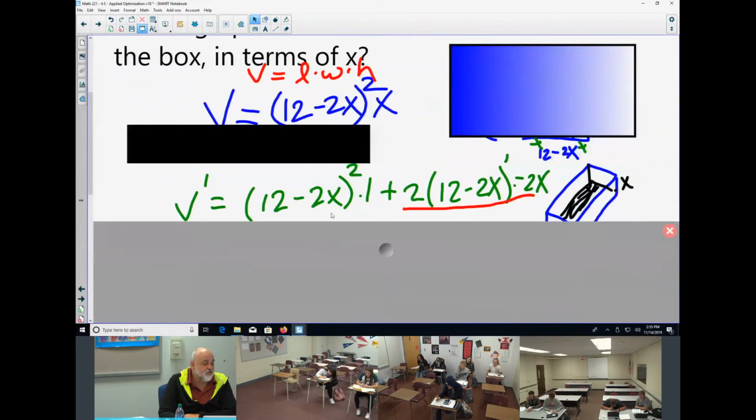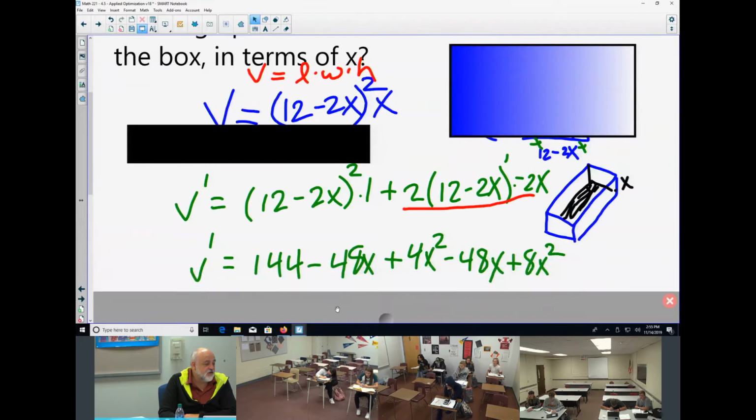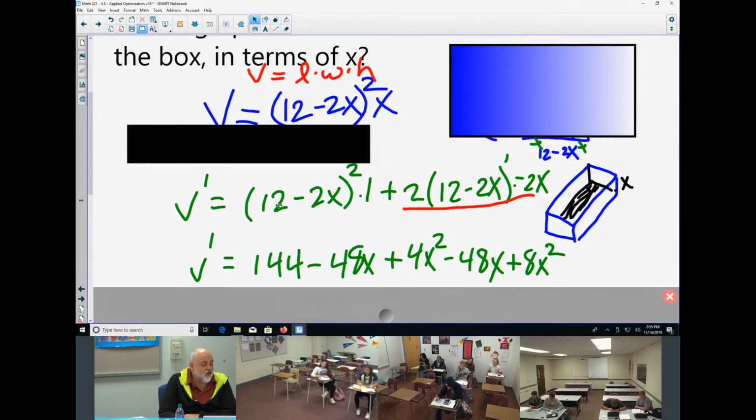All right, so let's simplify this. Since this is just to the first power, I could go ahead and square this out. And I get 144 minus 2 times 12 is negative 24. Double that, negative 48x plus 4x squared. And then distribute the negative 2x and the 2.